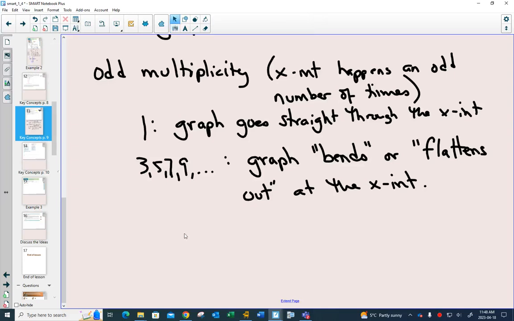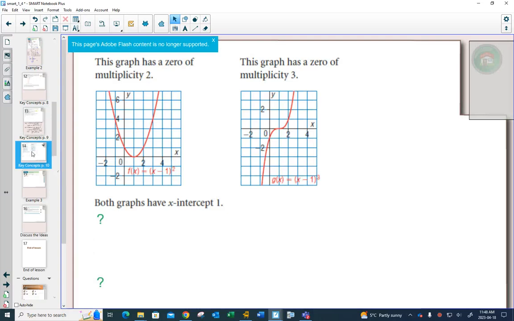So your textbook has drawn the parabola with the x minus 1 twice. Do you see that when you had that multiplicity of 2 at the x-intercept, it's bouncing off the x-intercept because it happens to be right at the bottom of the parabola, right at the vertex.